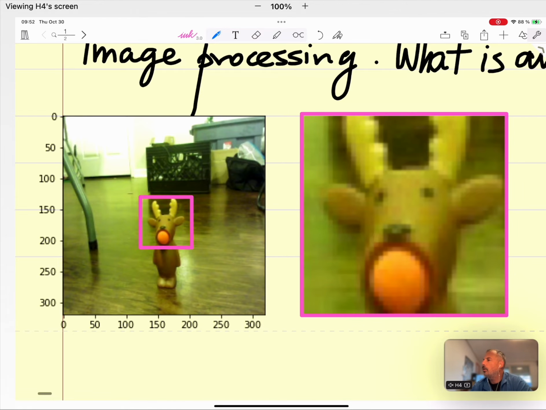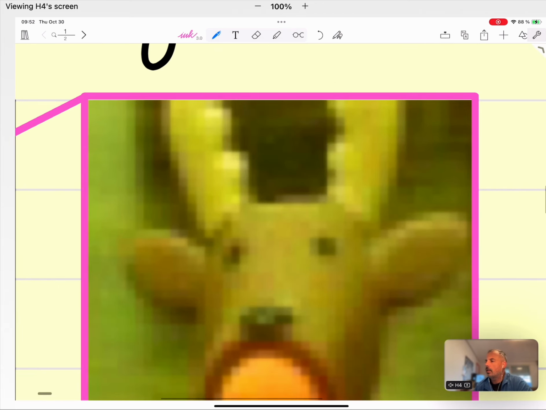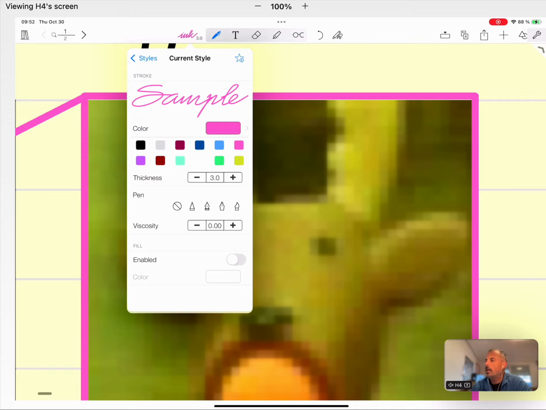What you see here is something that you probably already know intuitively, something called pixels. If we look at this, we see little tiny points. You know what a pixel is, right?